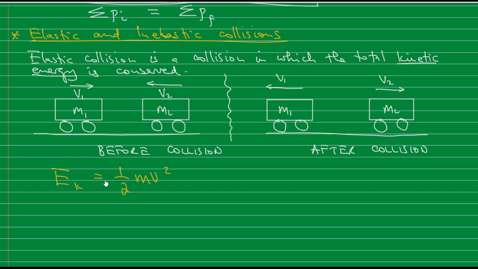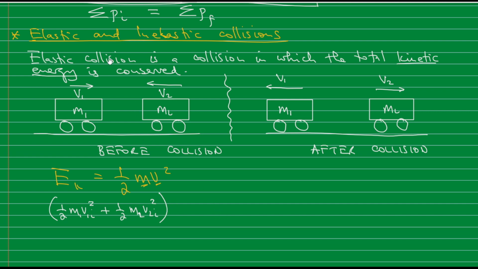It is the energy that an object has due to its motion. So the velocity and the mass of the object determine the kinetic energy. We take the sum of the kinetic energy, which is half m1 v1 initial squared plus half m2 v2 initial squared. This is the total kinetic energy before they collide.